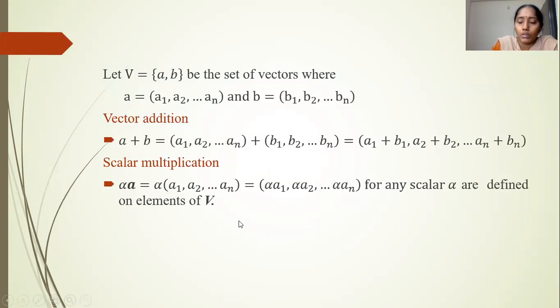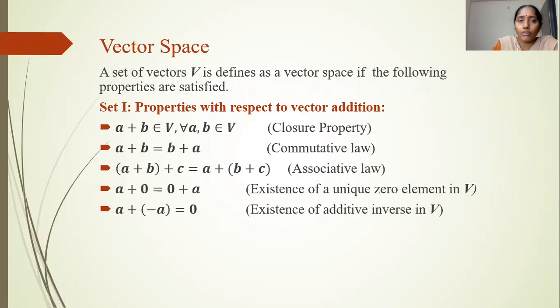Now we are going to the definition of vector space. If we want to define a vector space, we consider V as a set of vectors which satisfy various properties, one with respect to vector addition and another with respect to scalar multiplication.